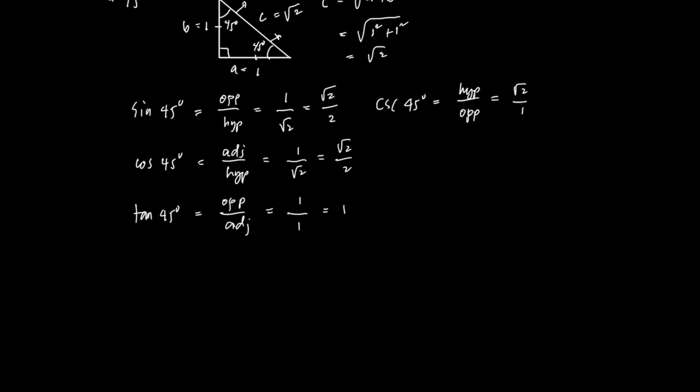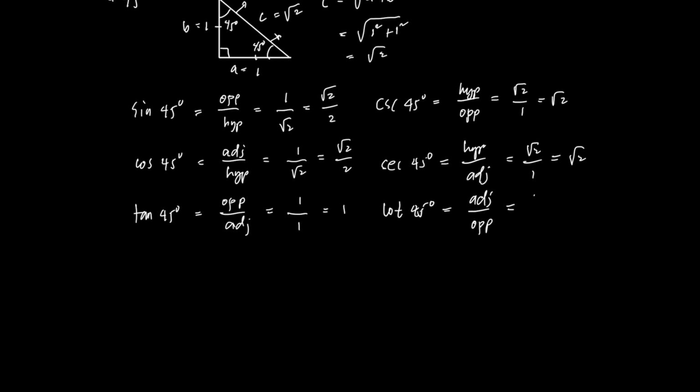So that's square root of 2 over 1, and that's square root of 2. Also, for the secant 45 degrees, this is hypotenuse over the adjacent side. That's square root of 2 over 1, that's square root of 2. Now, for the cotangent 45, that's adjacent side over the opposite side, which is 1 over 1 equals 1.